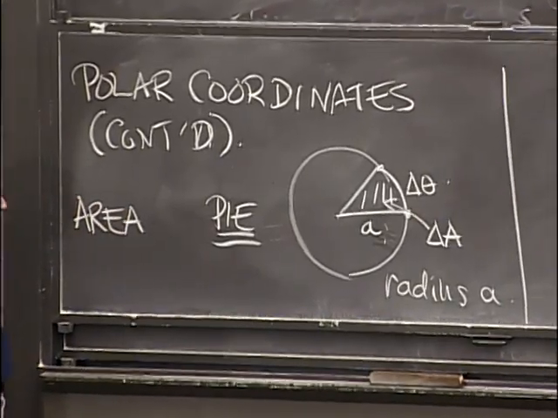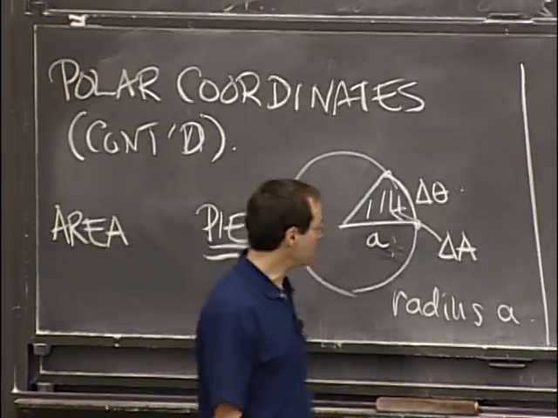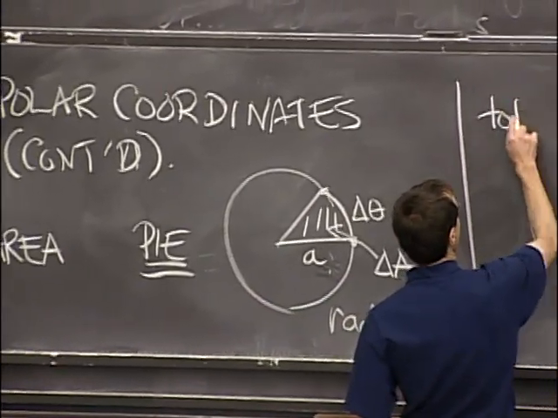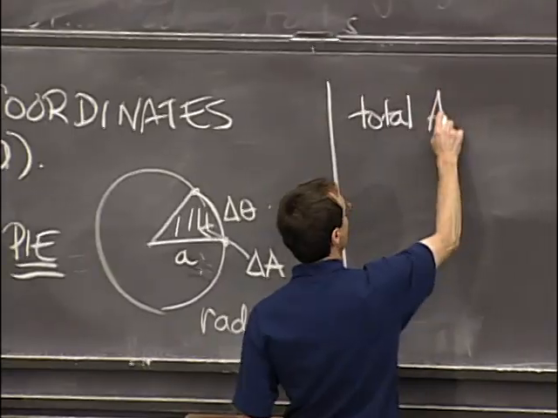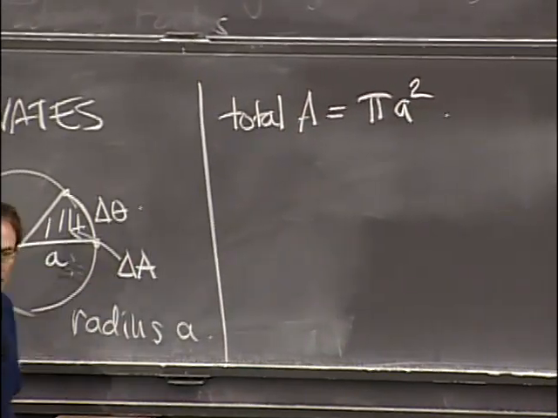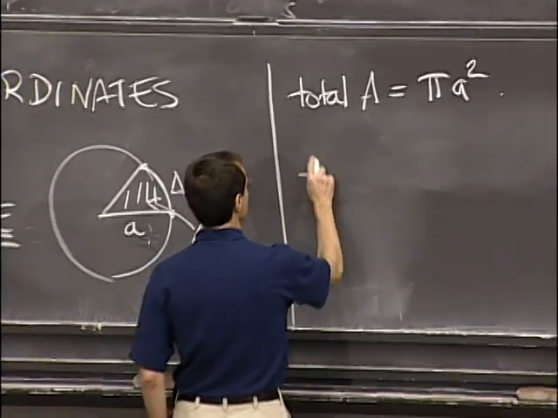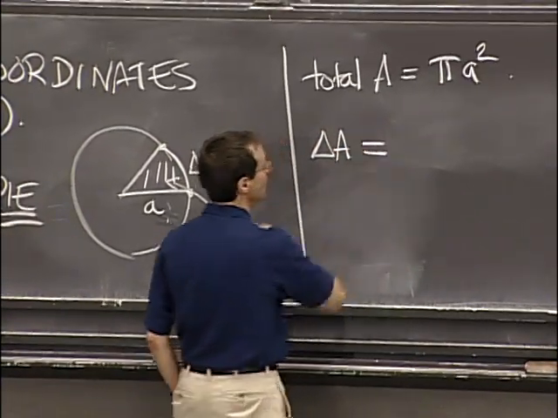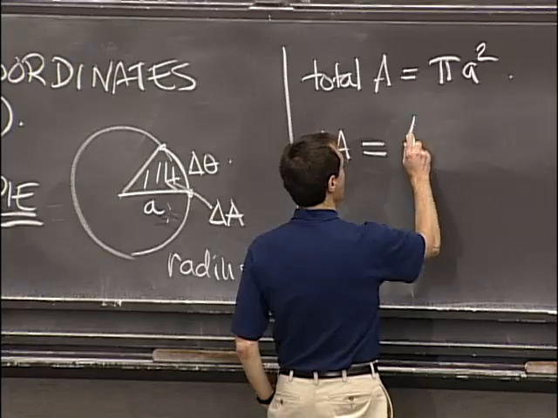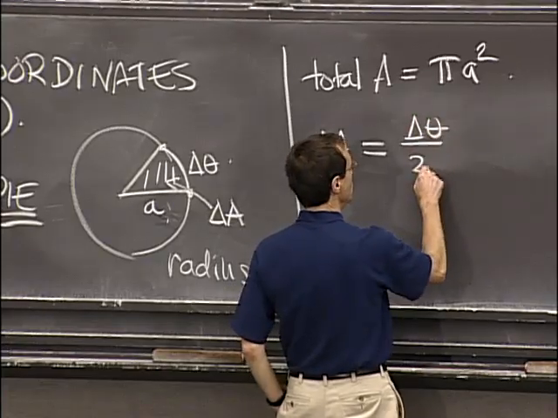That's our picture. Now it's pretty easy to figure out what the area of that slice of pie is. The total area is, of course, pi a squared. We know that. And to get this fraction, delta A, all we have to do is take the percentage of the arc of the total circumference. That's delta theta divided by 2 pi.